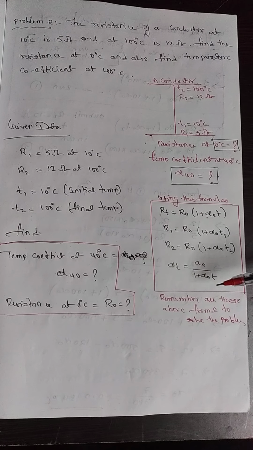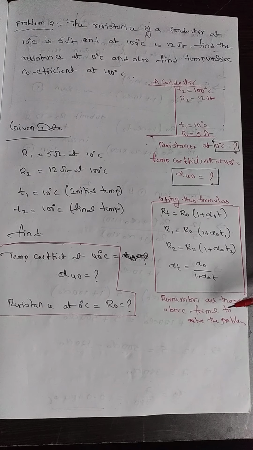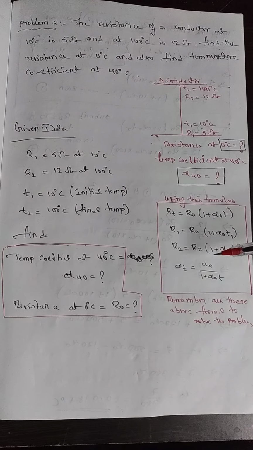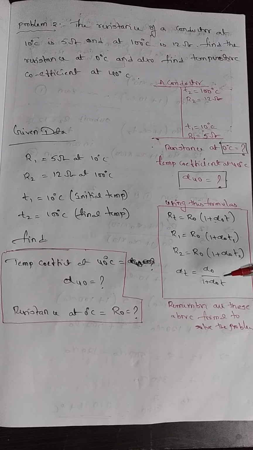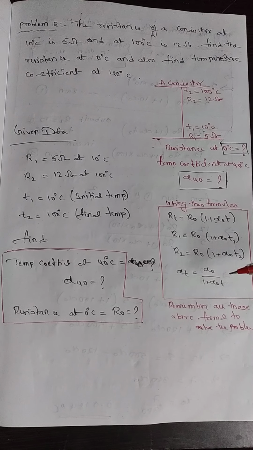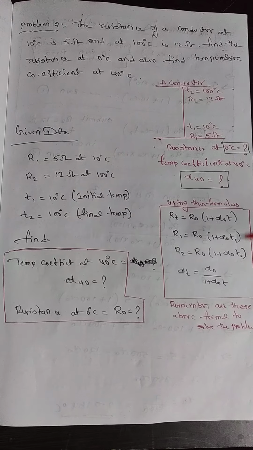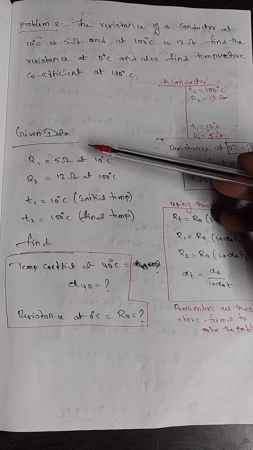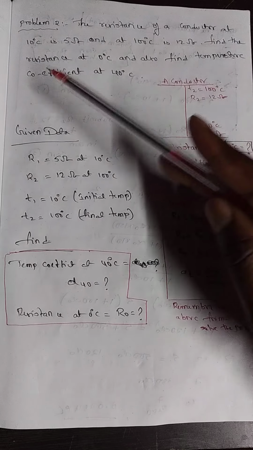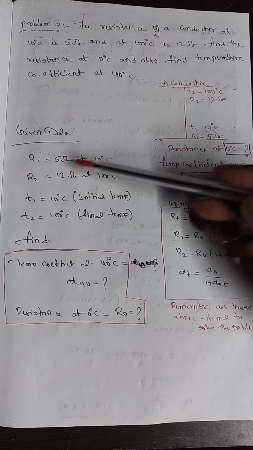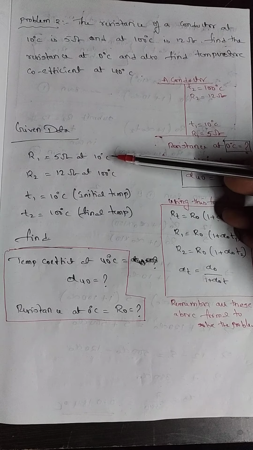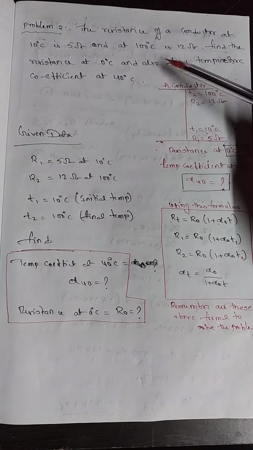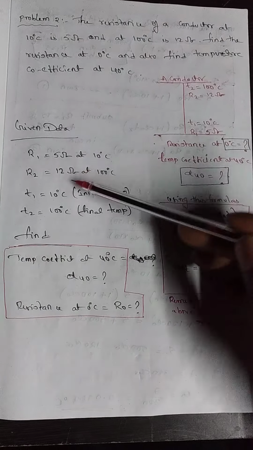Hope you understand. Remember all these above formulas to solve the problem; I explained them in the previous videos, so go through them once. Now we'll see the given data. R1 is 5 ohms at 10 degrees centigrade, and R2 is 12 ohms at 100 degrees centigrade.